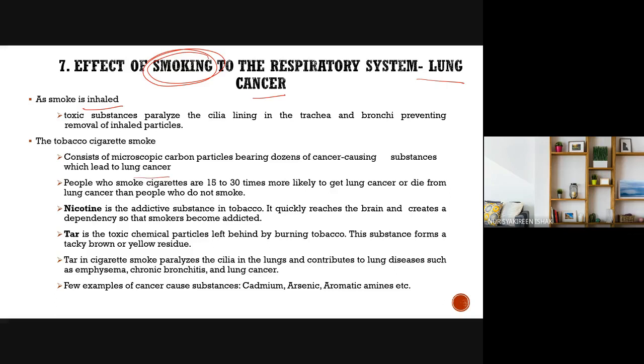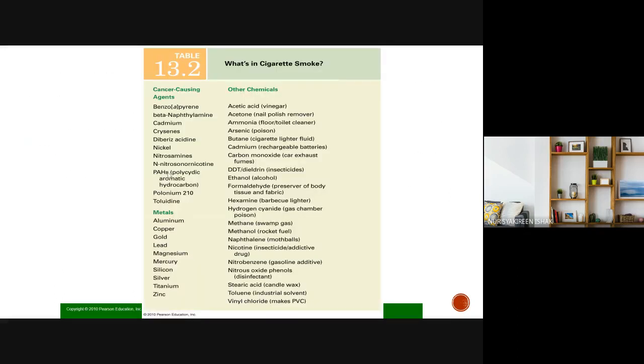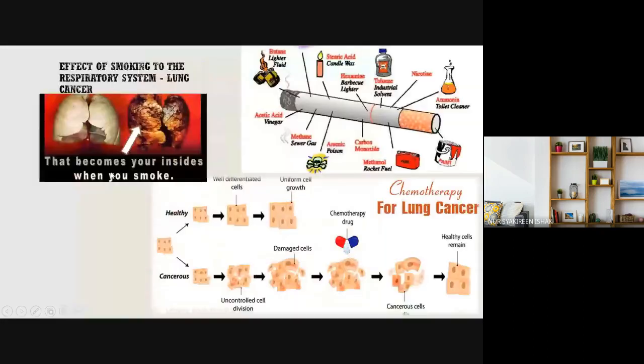A few examples of cancer causing substances in the smoke are cadmium, arsenic, aromatic amines, and many more. These are the chemicals found in the cigarette that will cause cancer. There are many chemicals in there that could lead to cancer. So the cigarette contains many carcinogens, substances that can cause cancer.